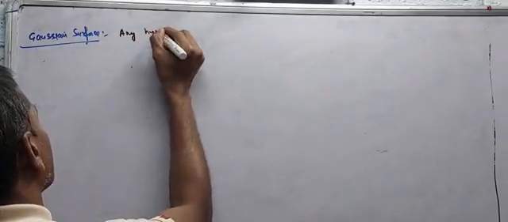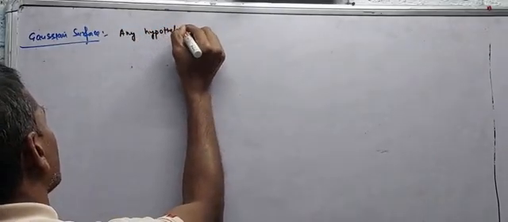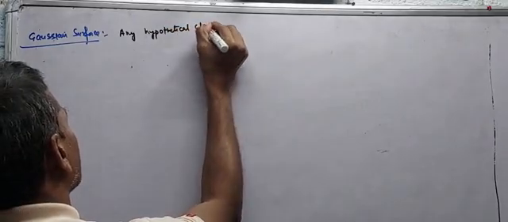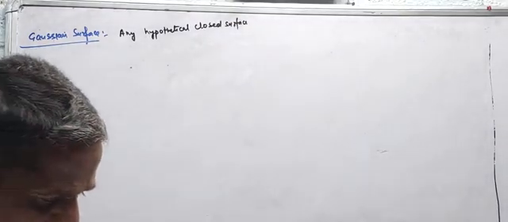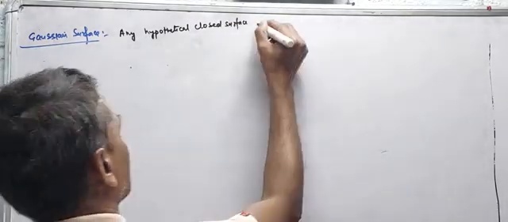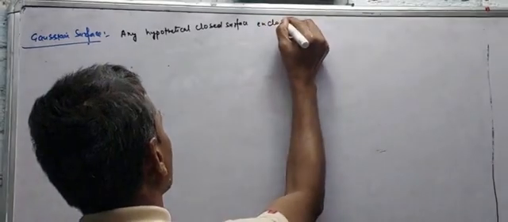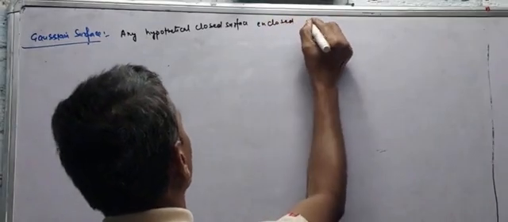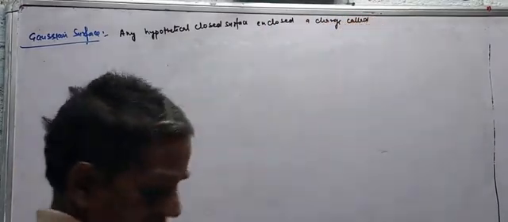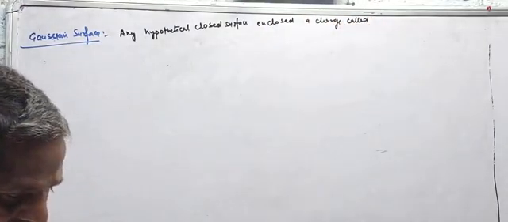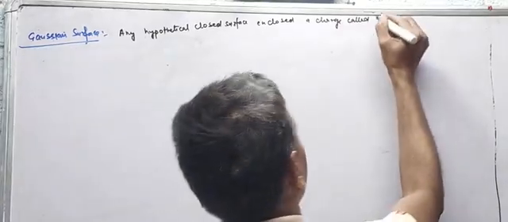Any hypothetical closed surface enclosing a charge is called the Gaussian surface.